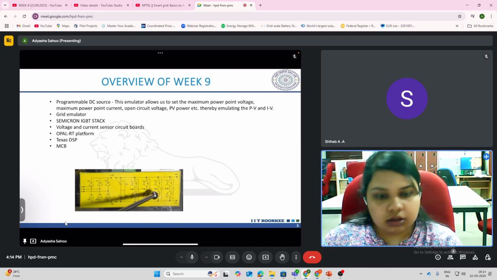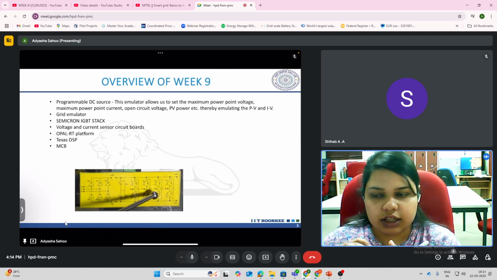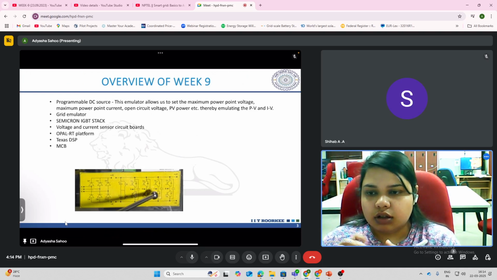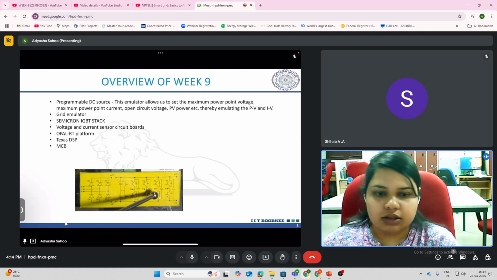For the hardware demonstrations, we will first go through the various components that we are using in the experiments. The first thing we have here is a programmable DC source. We are discussing this first for the PV generation.